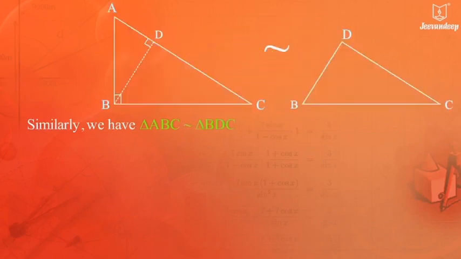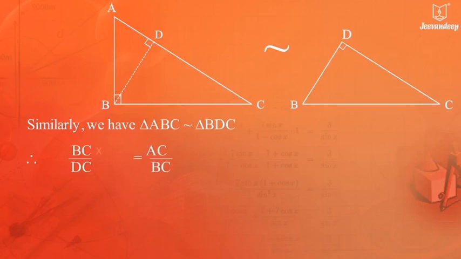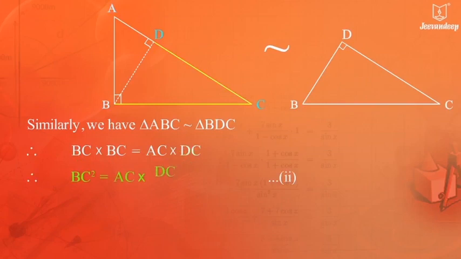Equation 1. Similarly, we have triangle ABC similar to triangle BDC. Therefore, BC upon DC equals AC upon BC, corresponding sides of similar triangles. Cross multiplying, we get BC square equals AC multiplied by DC. Equation 2.